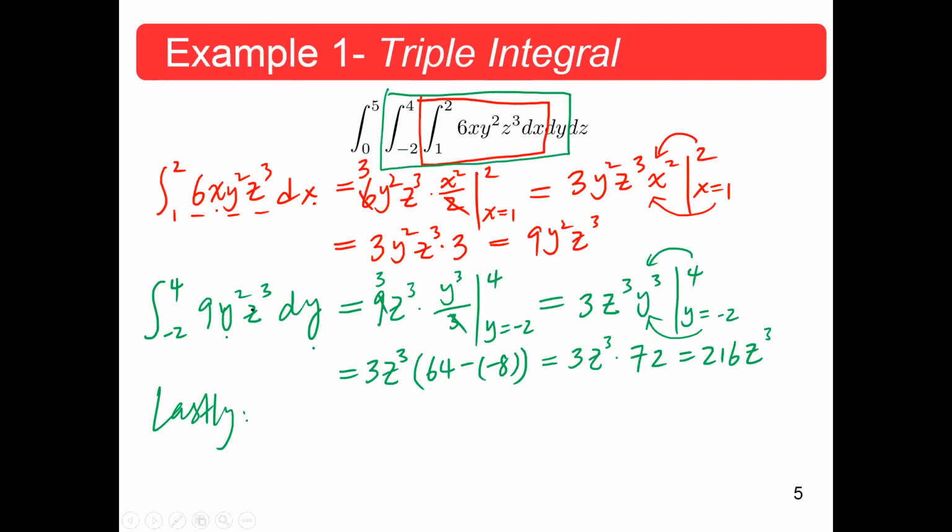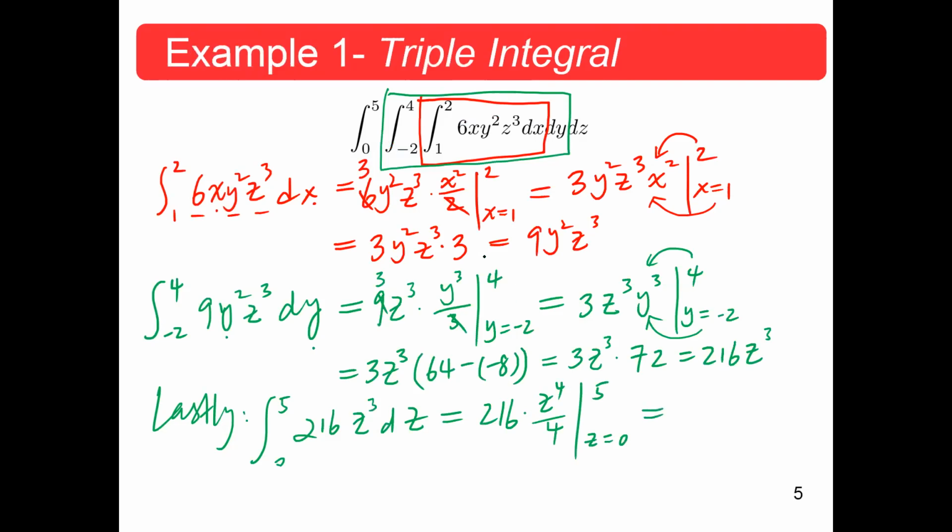And lastly, you just evaluate the outermost layer. So I have 0 to 5 of 216z cubed dz. In this case, I can do 216 z to the 4th over 4, and z goes from 0 to 5. Looks like 216 and 4 could be reduced, so you can reduce that to 54.